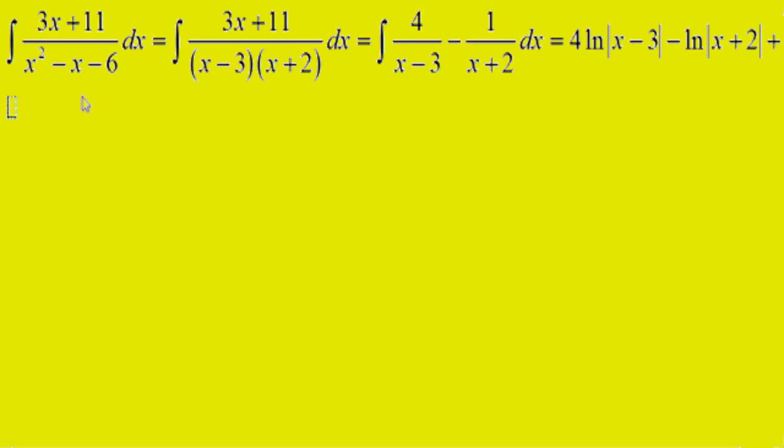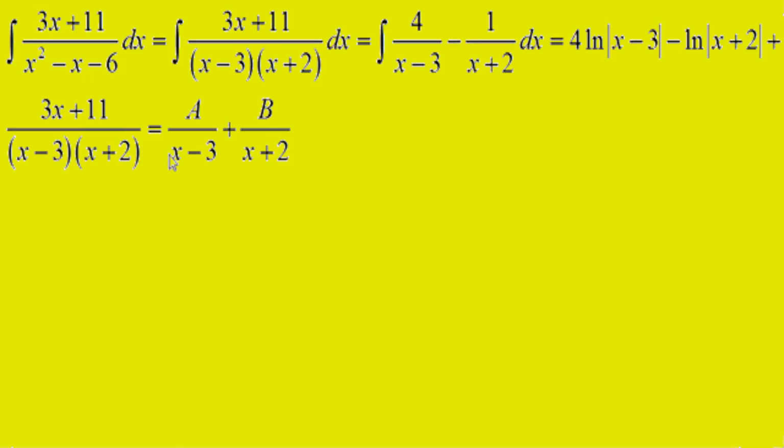And the first step in this problem would be to write A over x minus 3 plus B over x plus 2. Just any arbitrary number above them. And we set that equal to the original fraction, like that.